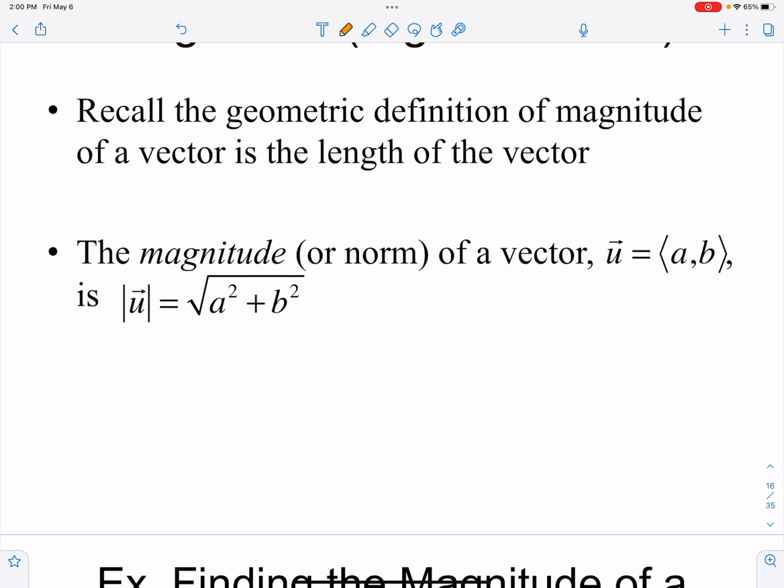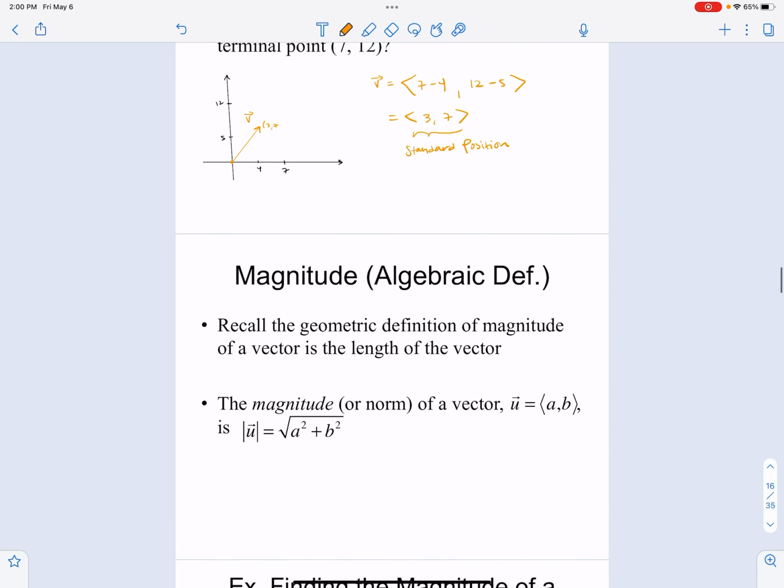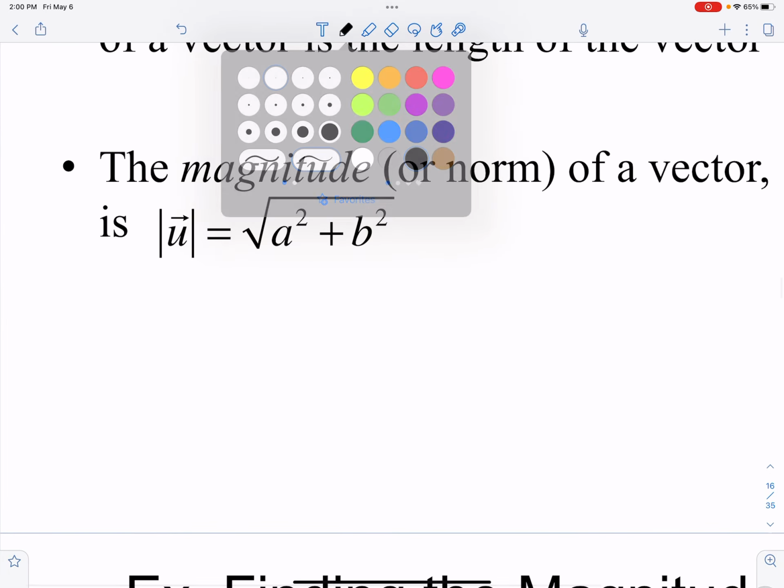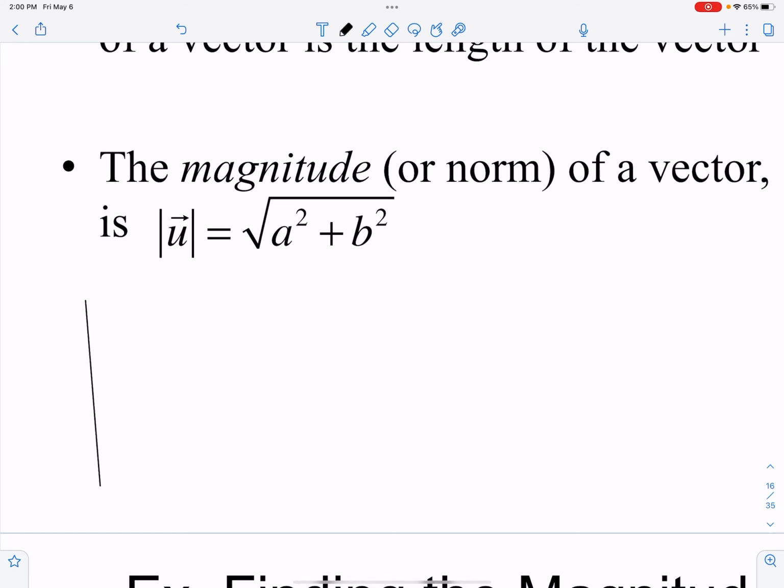If a vector is not in standard position, you can either think about putting it in standard position, so where the initial point lies at the origin, or like if we think about the example from above, you can use just distance formula.